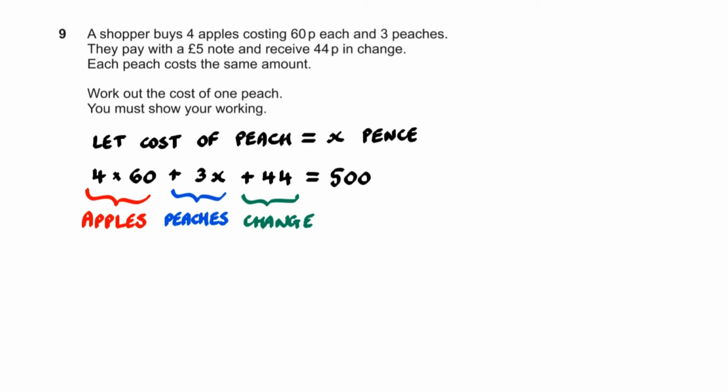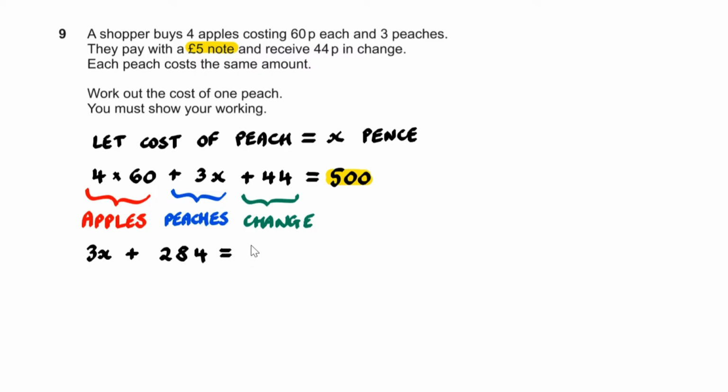And we pay with a £5 note, which is the same as 500 pence. So we've got 240 plus 44, that is 284. So we have 3x plus 284.